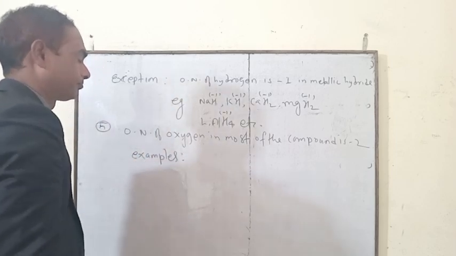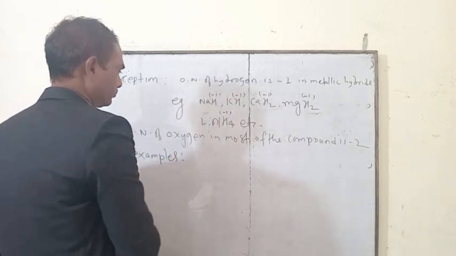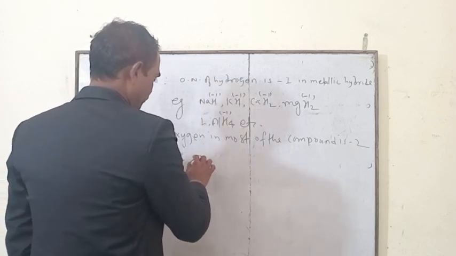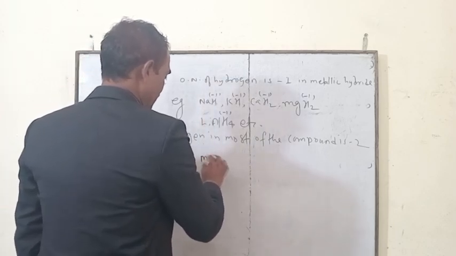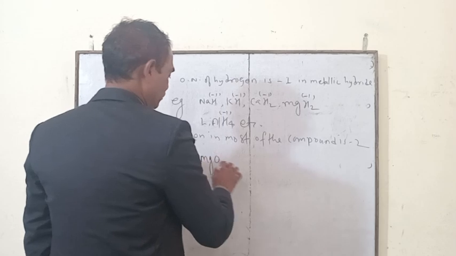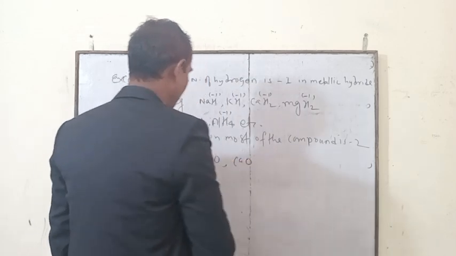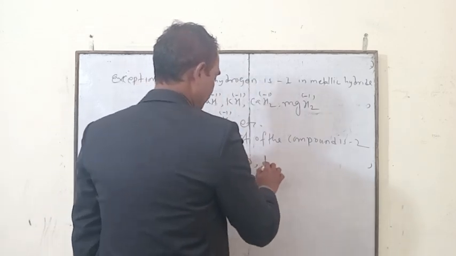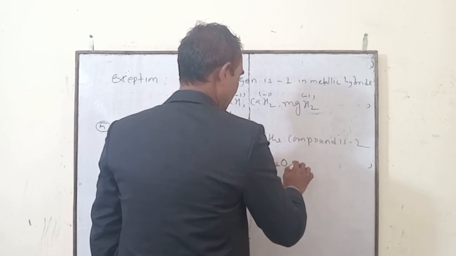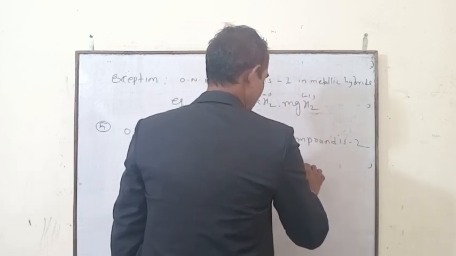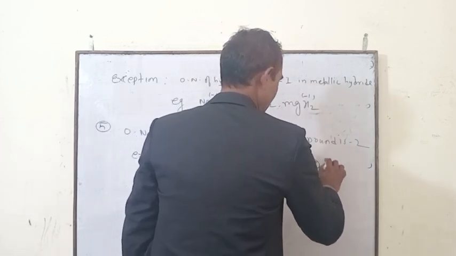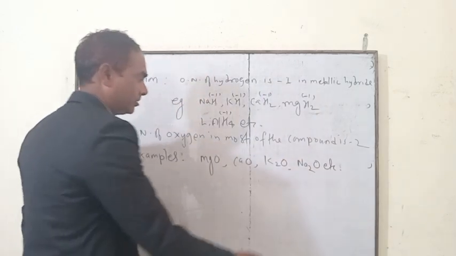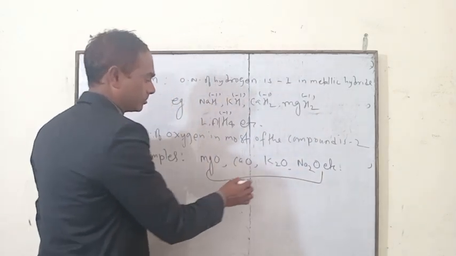Examples like magnesium oxide, calcium oxide, potassium oxide, sodium oxide, etc. These are the normal oxides.